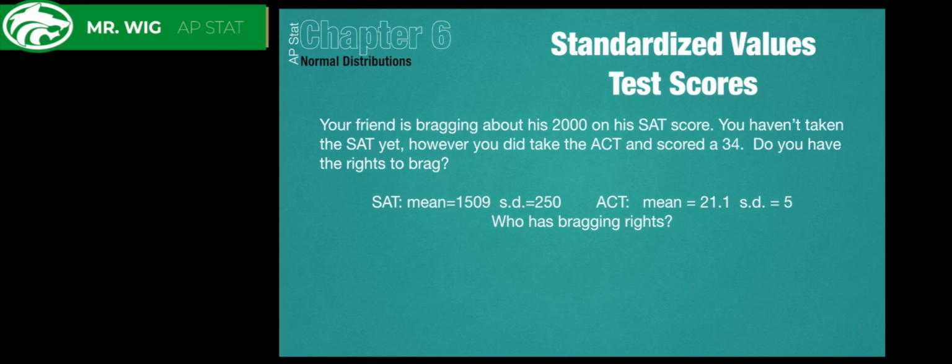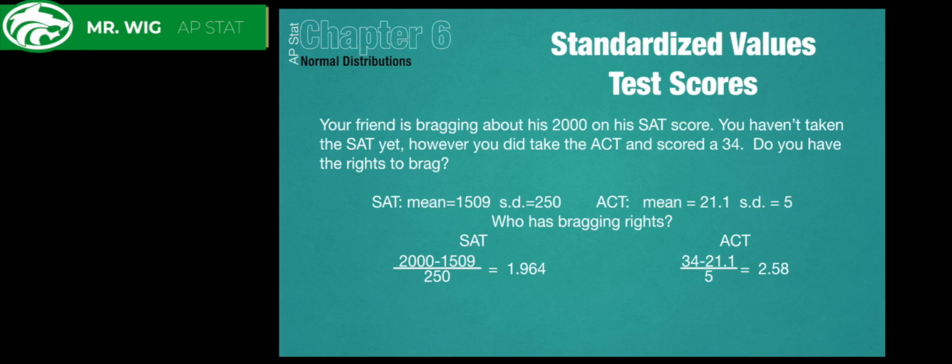Who's got bragging rights? Now, I kind of think the 34 does to start off because it's a lot closer to the max than the 2000 is, but I'm not sure if 400 points on the SAT is equal to 2 points on the ACT. Let's find out. If we work out the z-scores, now remember, higher score is better in both examples. And it turns out this is almost 2 standard deviations above the mean. A good score, but 2.5 standard deviations is an even better score.